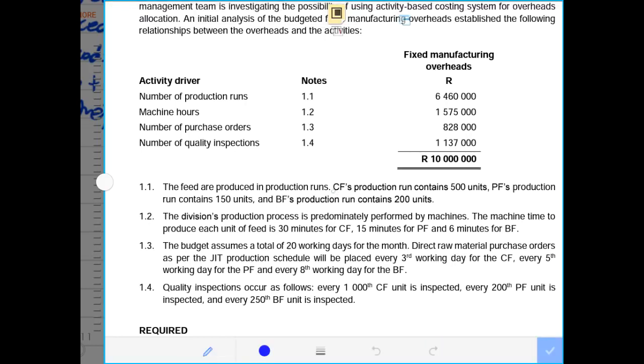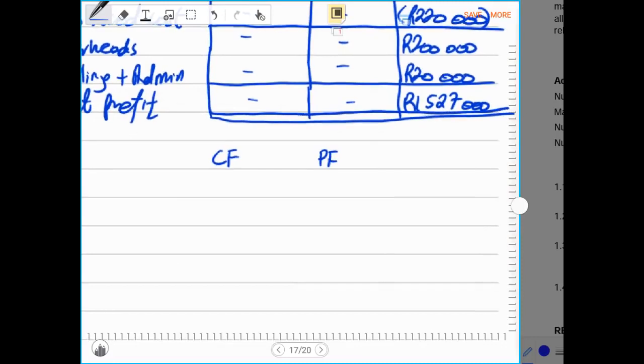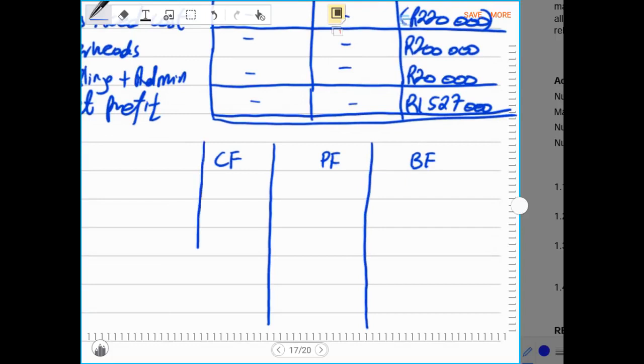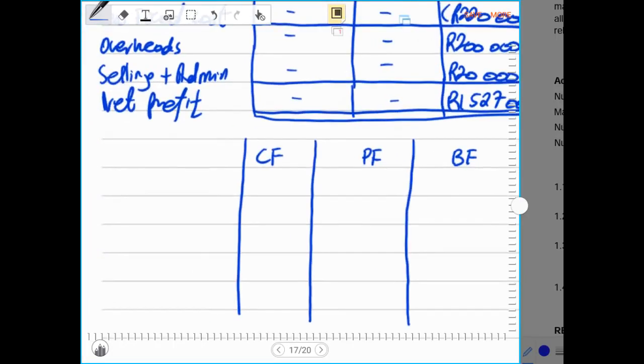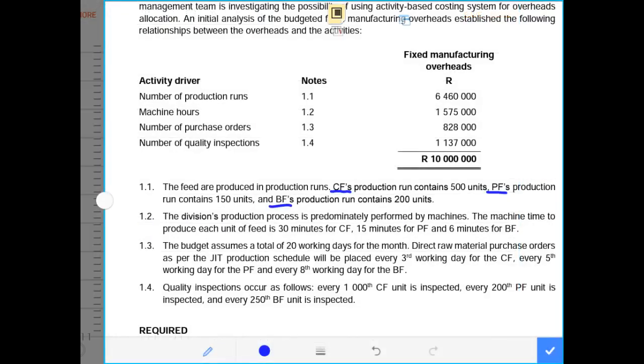We have CF, PF, and BF. These are the 3 products that we will be allocating fixed cost for, and we'll allocate according to the instruction that we are given. I will do my workings on the other page, then after I will just go and paste the figures.